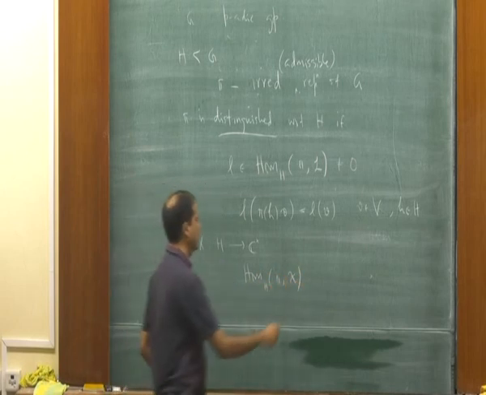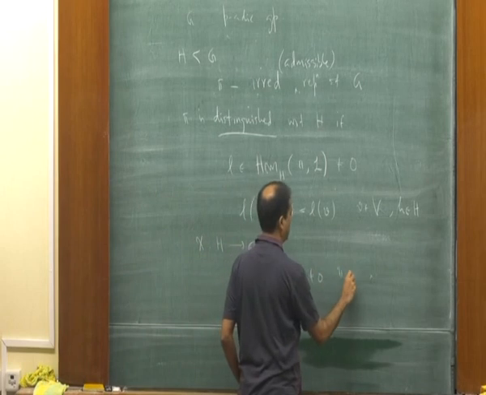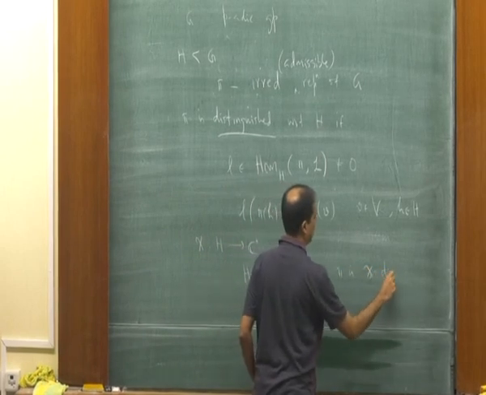If that is non-zero, one says that pi is chi-distinguished with respect to H.